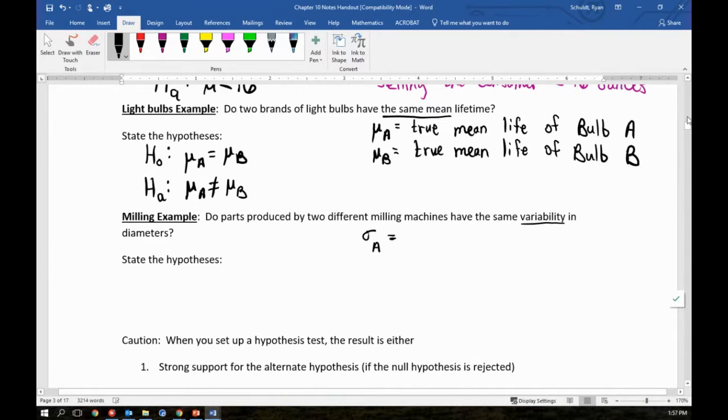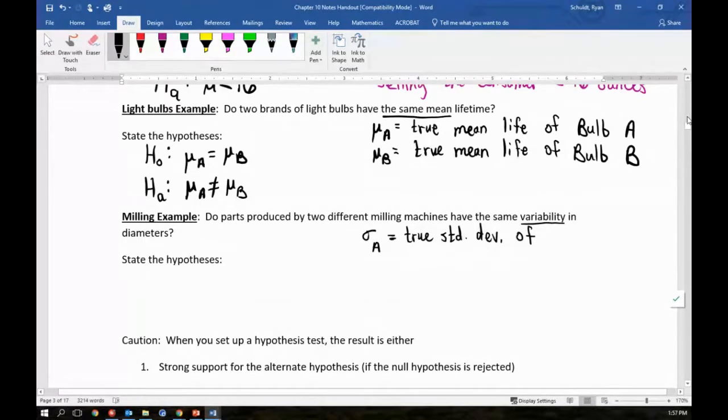So we have 2 machines here. So the first one I'm going to say is the true standard deviation. I'm going to abbreviate standard deviation here. Yeah, this is a valid abbreviation for standard deviation.